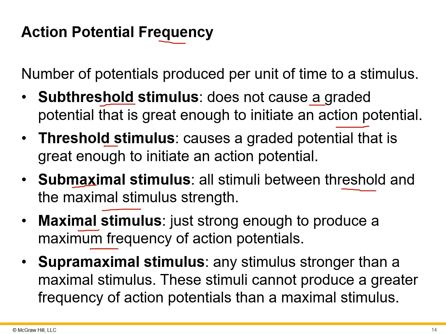So the fastest it could possibly get reset and another one fire off is the maximal stimulus. Then we have a supramaximal stimulus, and this is any stimulus stronger than the max. These cannot produce a greater frequency though. Again, because of the refractory period, it can only go so far. You may be activating it, but it can't possibly work any faster.